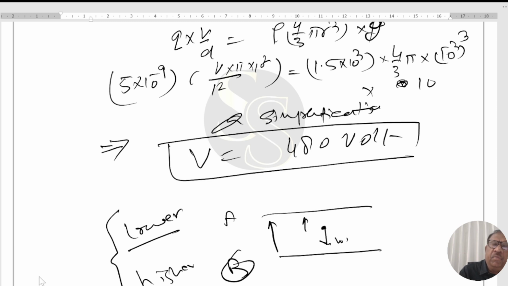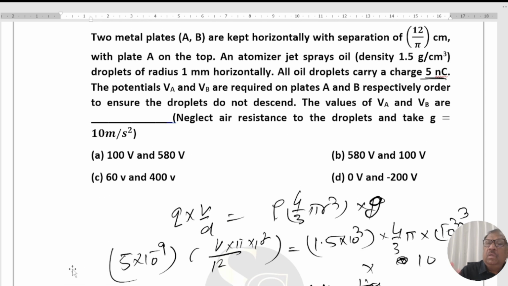The difference should be 480. Let's see what the answer is. The difference of 480 is there in both options, but using the conceptual direction of electric field, the potential of plate B will be higher and of plate A lower. A is the correct answer.